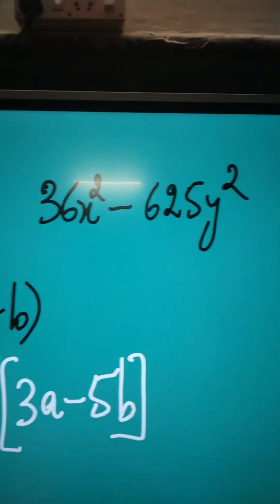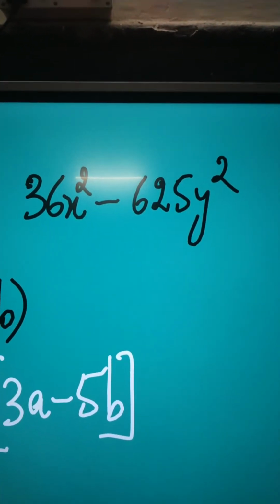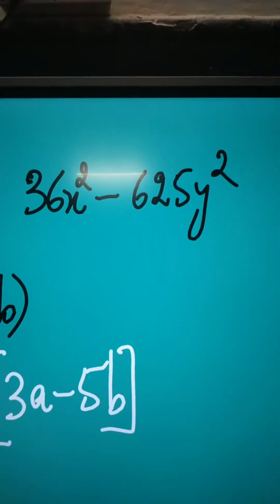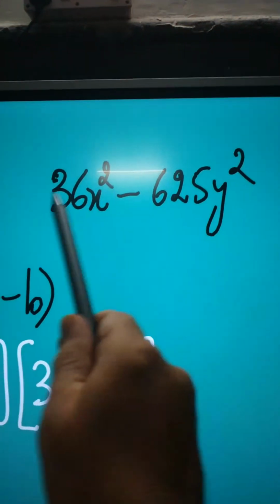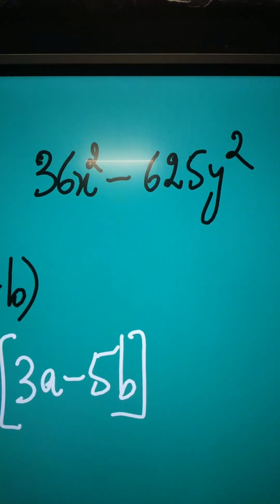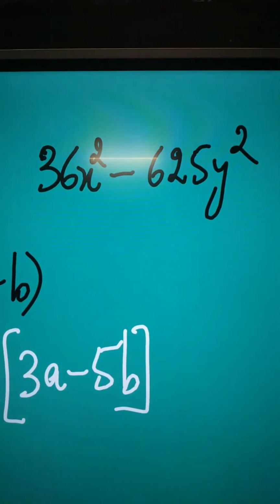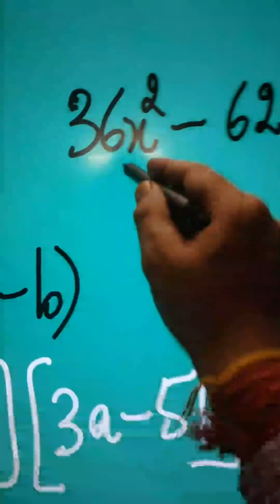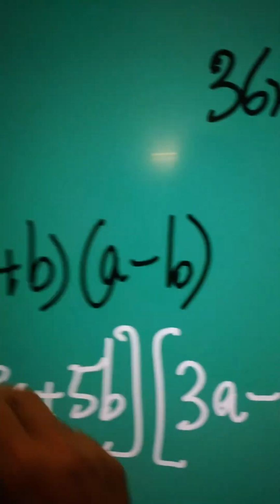Now what is common in the two numbers? 36x square minus 625y square. Is there anything common in them? Can you find HCF of 36 and 625? It will be only 1. So therefore this question will be solved by this formula which we have done just now.